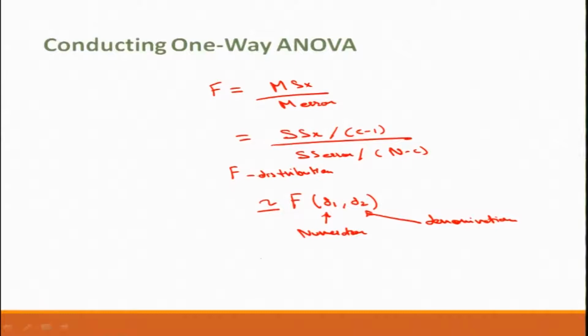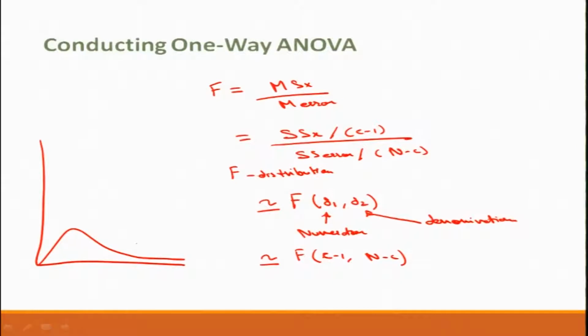So, in this case our degrees of freedom would be F with C minus 1 and N minus C. The F distribution is a right skewed distribution. It is like this, something like this, or maybe like this, or maybe even like this. It depends upon the degrees of freedom for which we are trying to represent this F distribution.